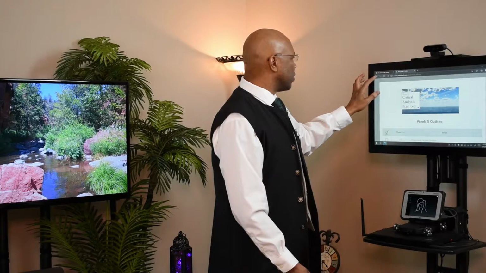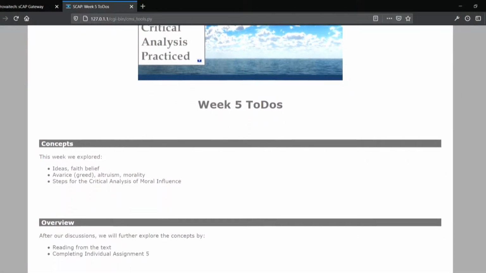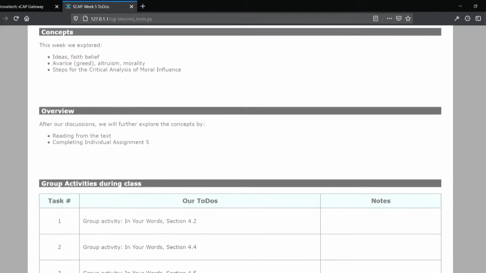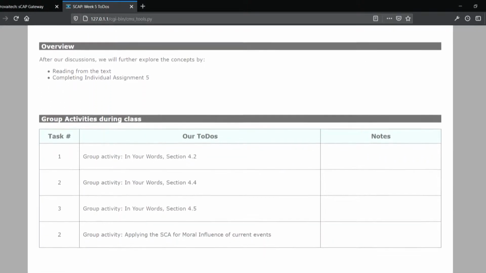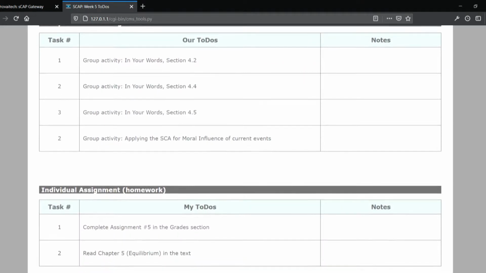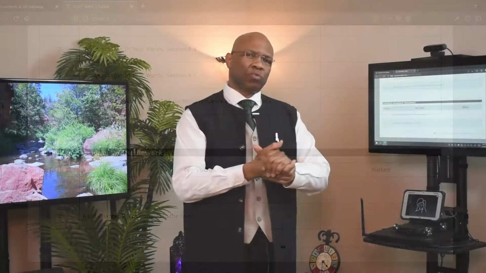Going back to our to-dos, it follows the same general structure as before: a list of activities we'll be doing inside of our class, completing assignment 5, and then moving into equilibrium next week.